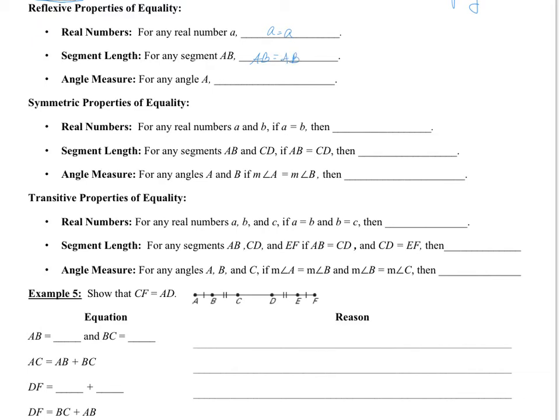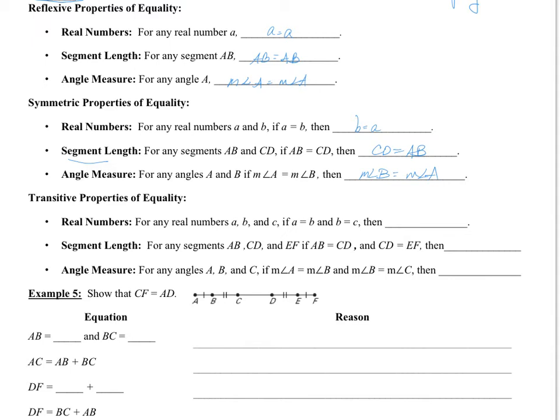For angle measure, for any angle A, measure angle A equals measure angle A. For symmetric properties of equality, for any real numbers A and B, if A equals B, then B equals A. For segment length, for any segments AB and CD, if AB equals CD, then CD equals AB. And for angle measure, for any angles A and B, if measure angle A equals measure angle B, then measure angle B equals measure angle A.